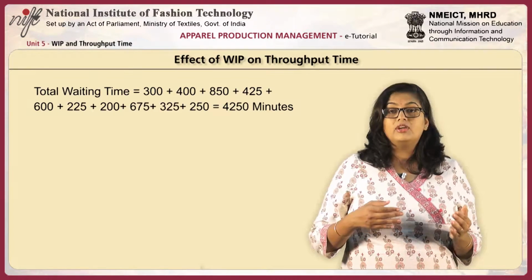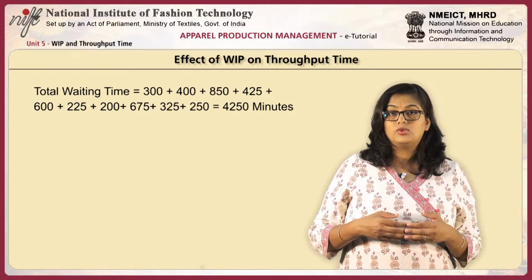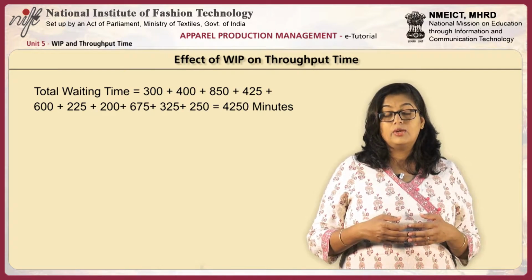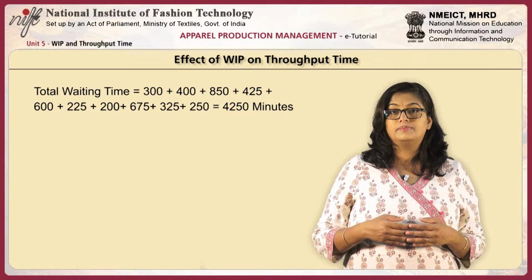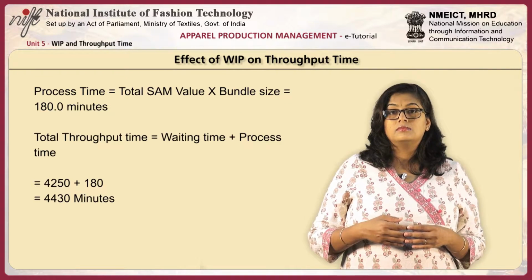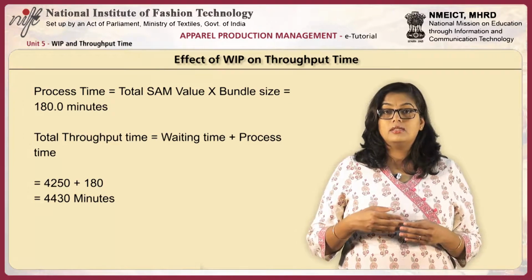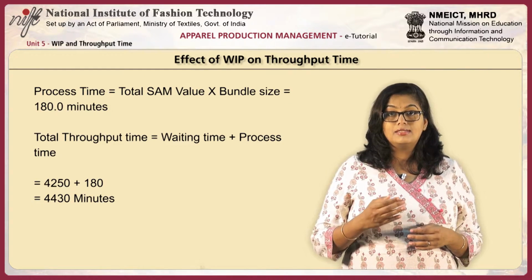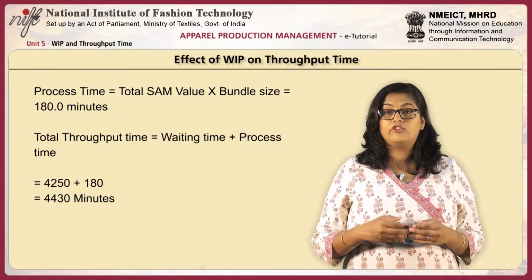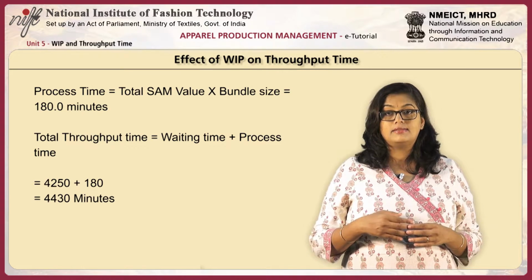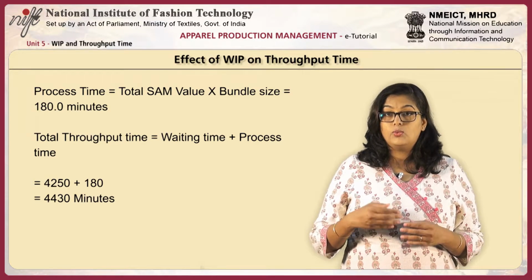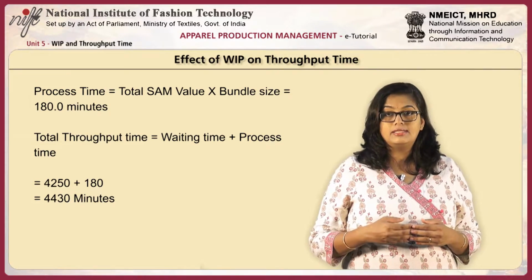So, now that we add all the waiting time, the total waiting time is equal to 4250 minutes. As we discussed earlier, process time is calculated by the following formula: total SAM value into bundle size, which is equal to 180 minutes.